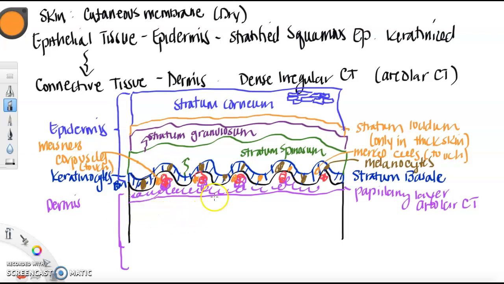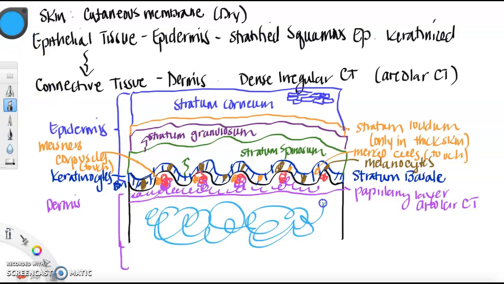Under the papillary layer is the reticular layer, and the reticular layer is just dense, irregular connective tissue.